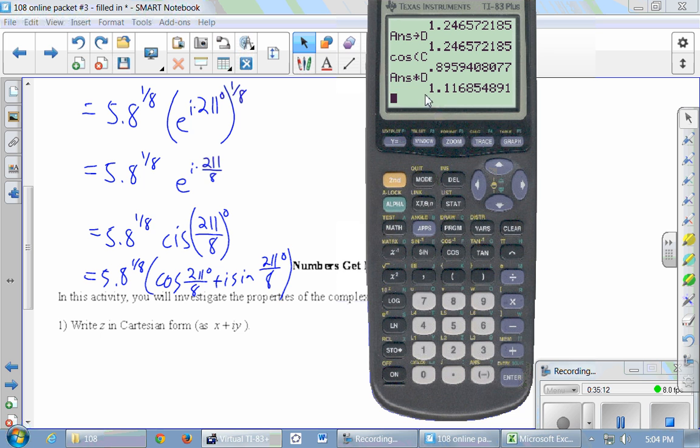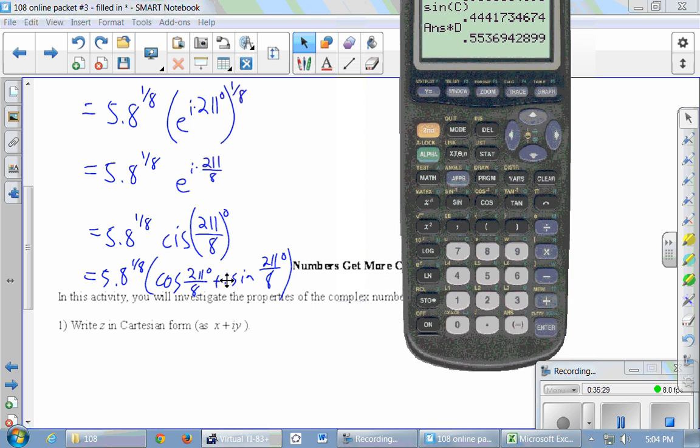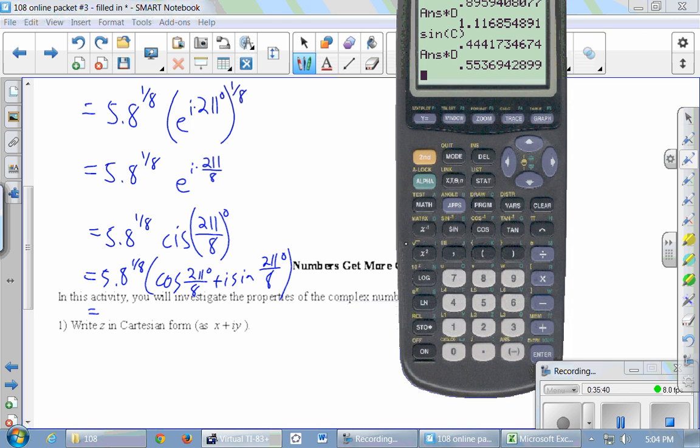The other part is going to be sine of the angle C, also times D. If I've done all that right, then I think 1.11 and 0.55 are our two numbers when we do all the distributing here. So equals, what do we have? 1.1168.